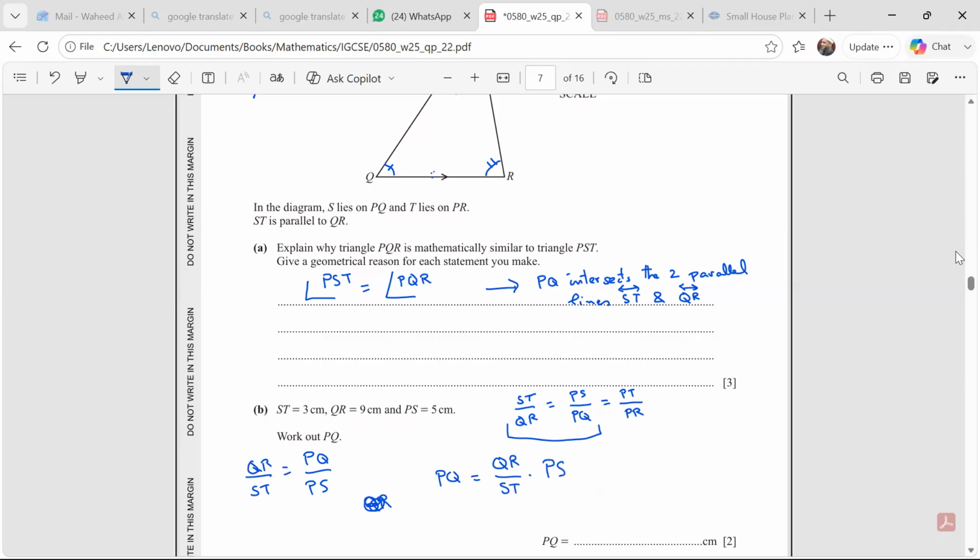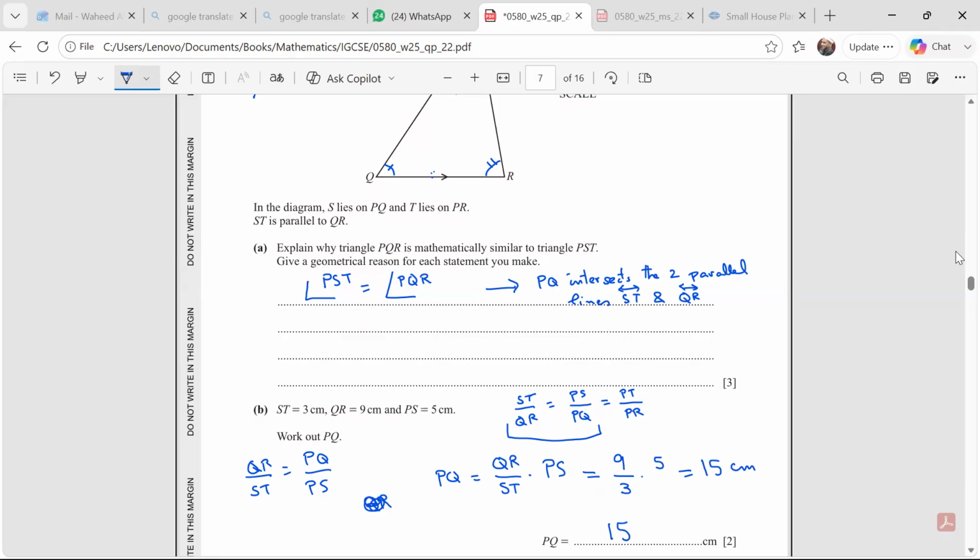If I take this to the other side, PQ would be equal to this. Now what is QR? QR is given as 9. What is ST? It is given as 3. And multiplied by PS, which is given as 5. So this is going to be 15 centimeter. So PQ is 15 centimeter.